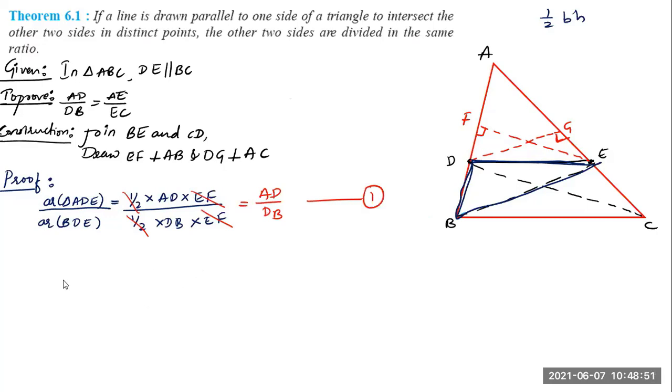And then next we'll consider the same triangle ADE, but there instead of EF, I'll consider DG as the height.